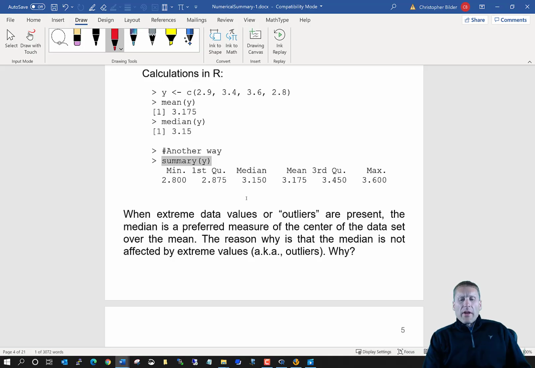What I would like you to do, though, is think about why the median is not affected by extreme values as much as the mean. So one way to do that is just to, let's say, create your own small data set, maybe of 10 values. So you took a sample, you got 10 different values.